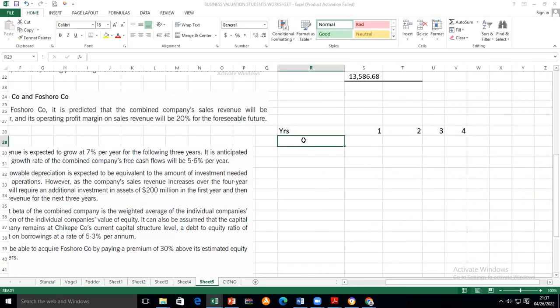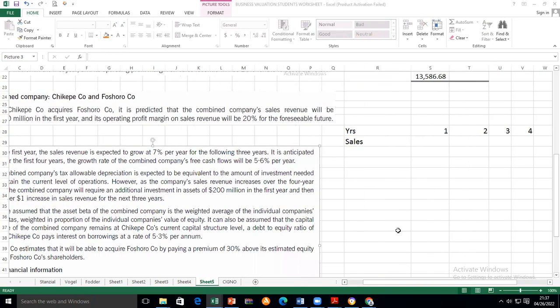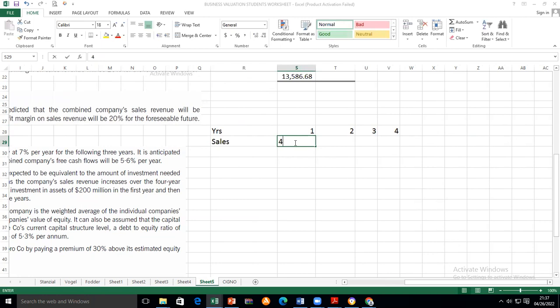So let's put in the sales. So you go in year 1, 4.2. You take this one. It will grow for how many years?